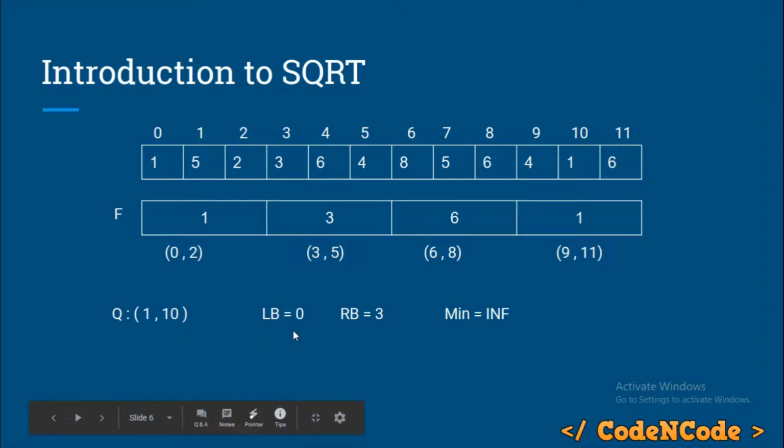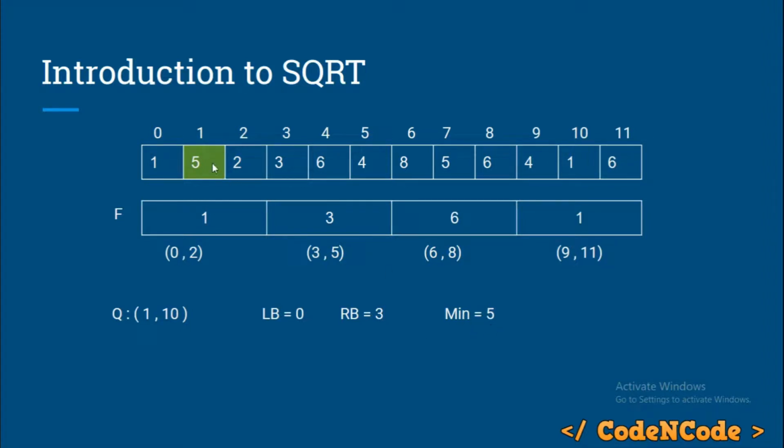So it is always a good idea to linearly traverse all the elements in the left block. Similarly for the right block. So we start linearly traversing the elements in the left block starting from the Lth index, that is 1. Starting from index 1, 5, the minimum of infinity and 5 is 5.